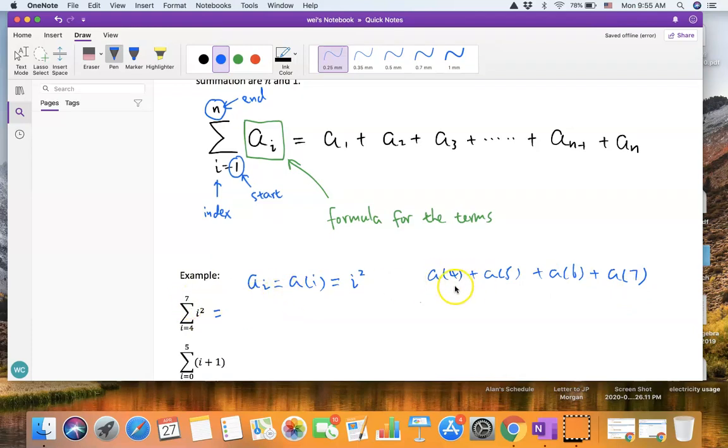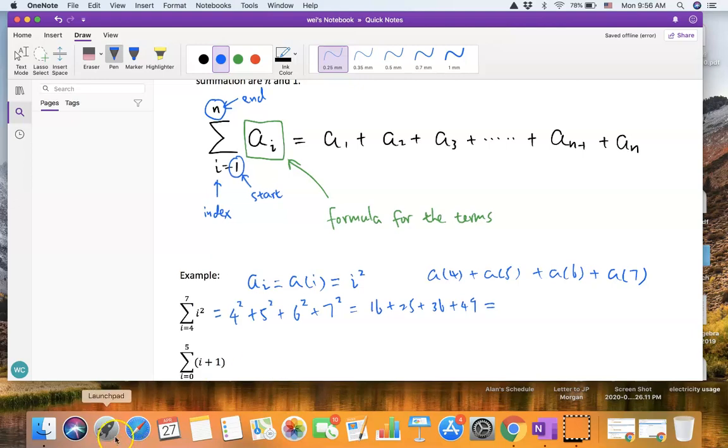Okay, so let's see, what does a of 4 equal? a of 4 equals 4 squared. So this is 4 squared plus a of 5, which is 5 squared, plus 6 squared, plus 7 squared.